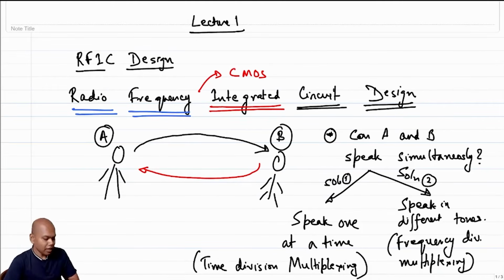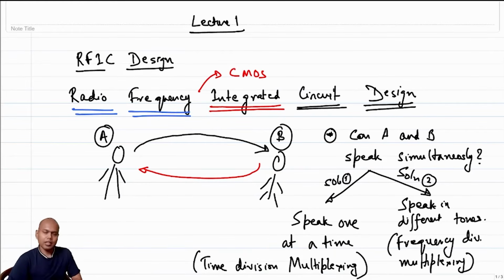It's not necessarily that all of them are trying to talk to A or B. Let's say A is trying to communicate with B, but there are others: C, D, E, F, G, multiple people who are talking to each other. Then what's going to happen? From this example, you should be able to understand that it will create a lot of chaos, right?